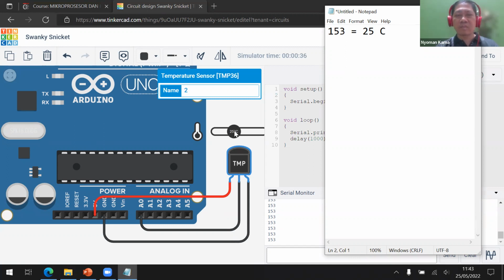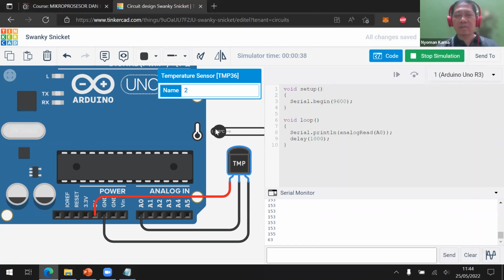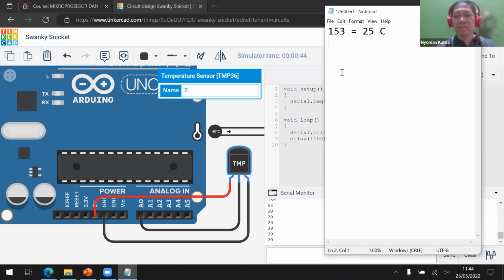How about if I slide the temperature to minus 40, and it becomes 20. Oh sorry, it shall be the other way around: 20 equals negative 40 Celsius.